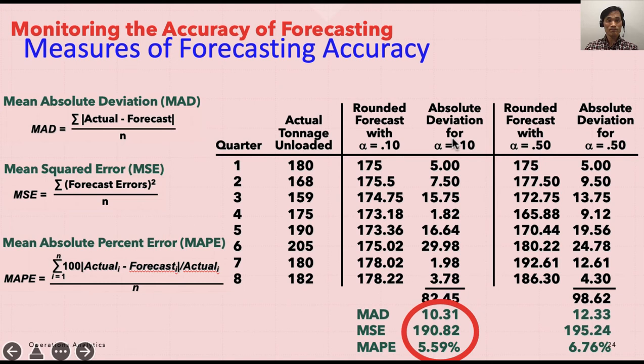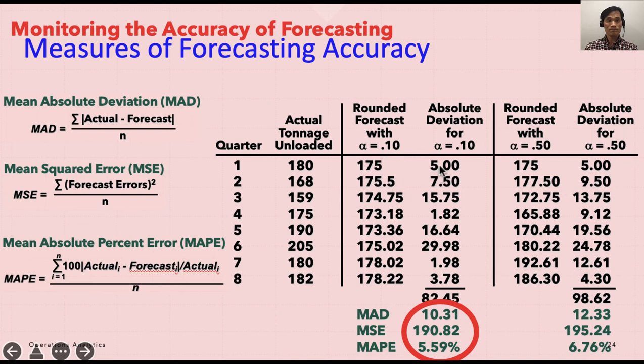So the absolute deviation is the absolute value of 180 minus 175, which is 5. And similarly, 180 minus 175 gives you 5 for this second model. And if you go to quarter 2, 168 minus 175.5 gives you 7.5 of absolute forecasting error. And similarly for the second model, 9.50.